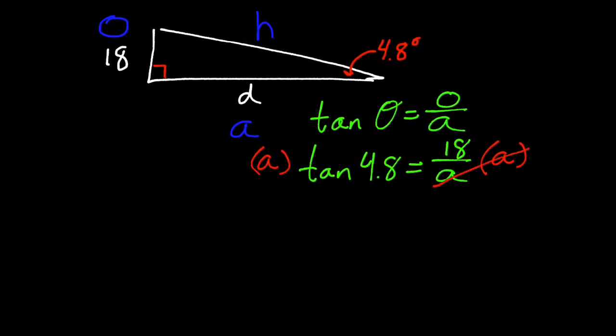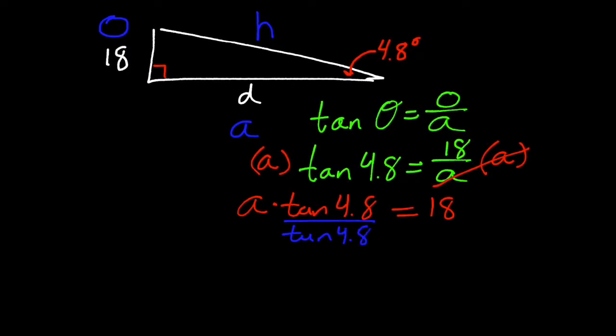That gets it out of the denominator, and I now have D times the tangent of 4.8 equals 18. Our last step is to get D by itself, now that it's out of the denominator, so I'm going to divide by the tangent of 4.8 on both sides. So we have D equals 18 divided by the tangent of 4.8.